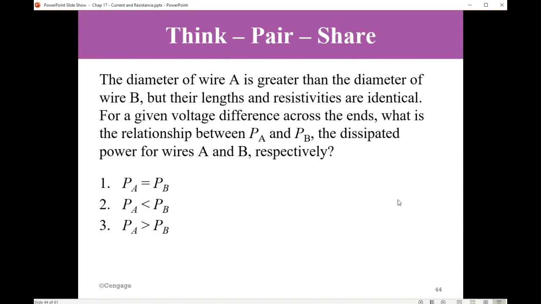From the resistivity law, we know that the resistance is inversely proportional to the cross-sectional area. So in this case, the dissipated power for wires A and B, through A, it would be more power than B.